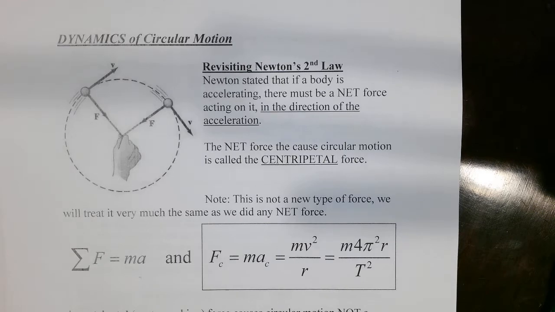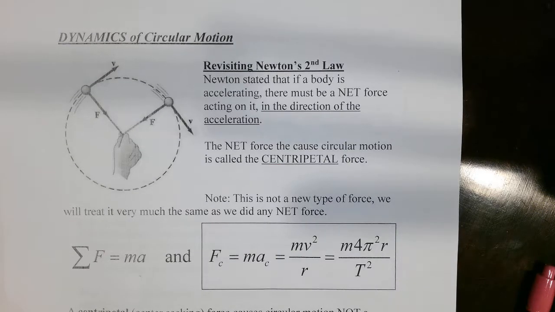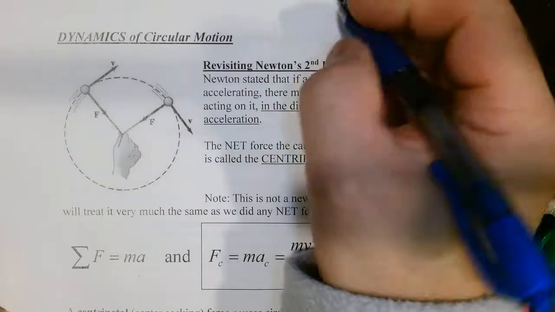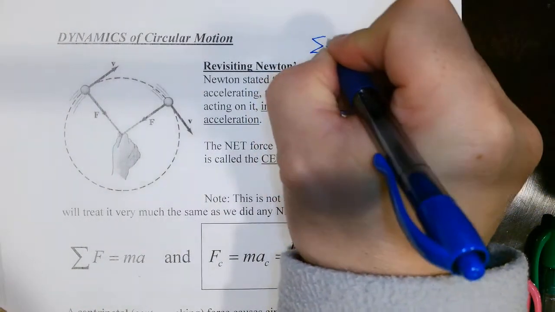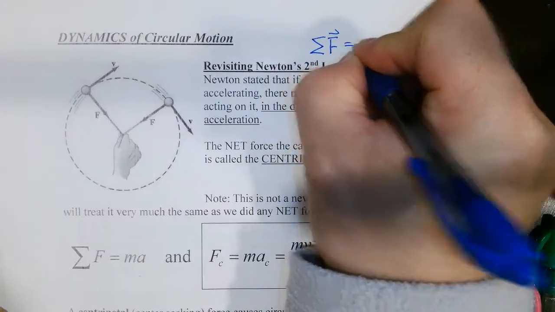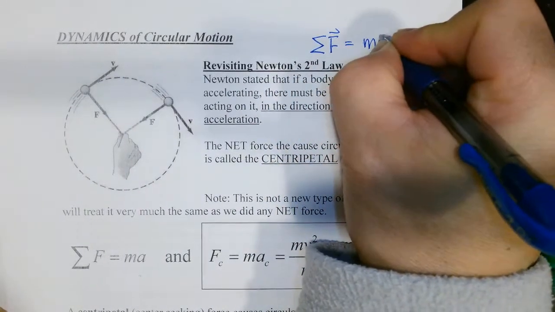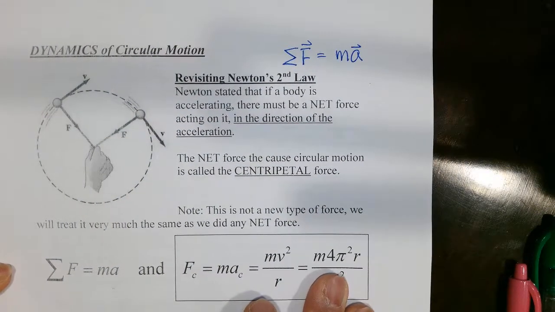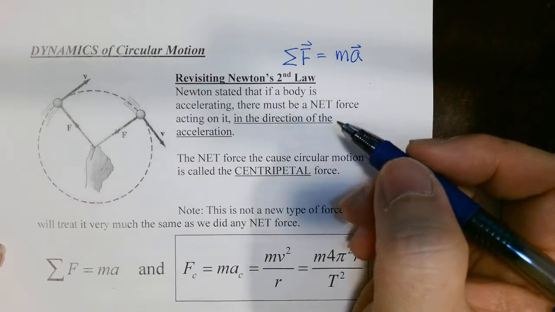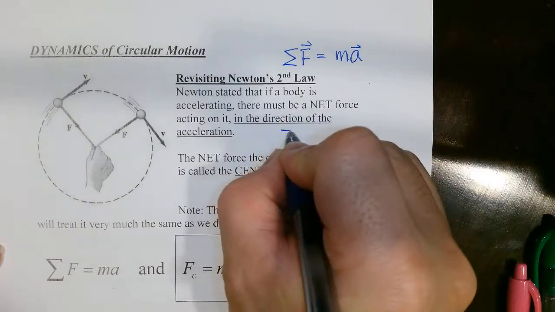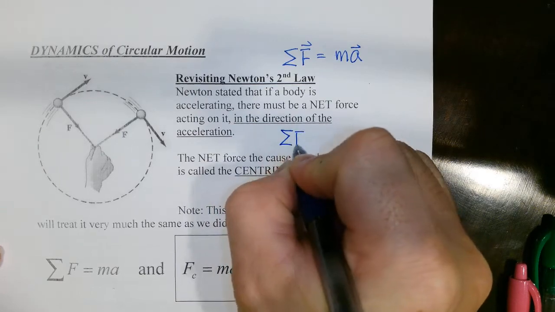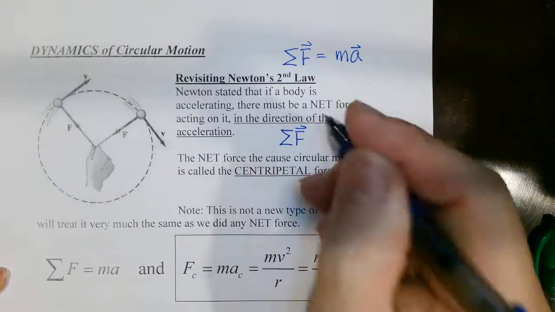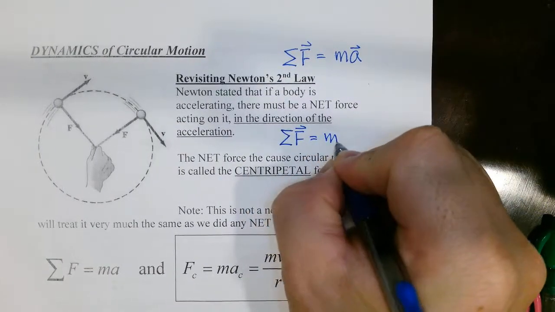Remember Newton's second law? Newton's second law is stated: the sum of all forces, or the net force, is equal to ma. However, when things are going in a circular motion, that same sum of all net forces, instead of setting it equal to ma, we set it equal to mac.